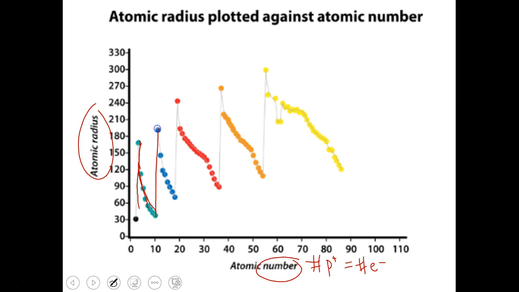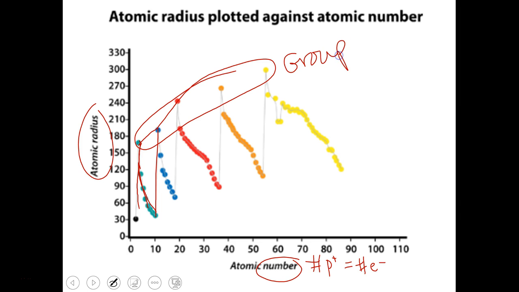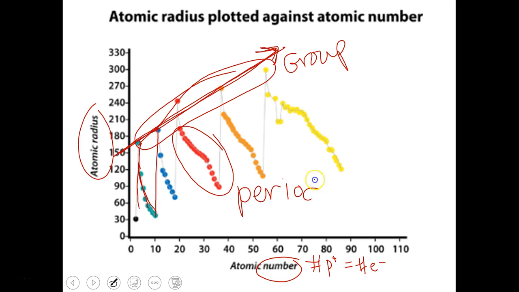Then you start a new period. So these here are all in the same group, which ties into, as you go down the periodic table, these guys get bigger. But as you go across, these guys get smaller. Yes, there's a little bit where it increases here.